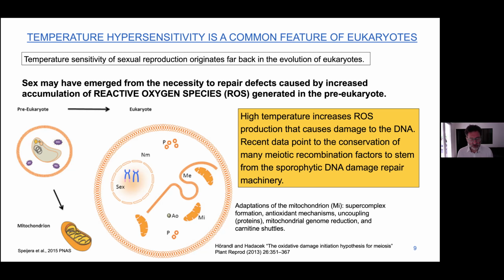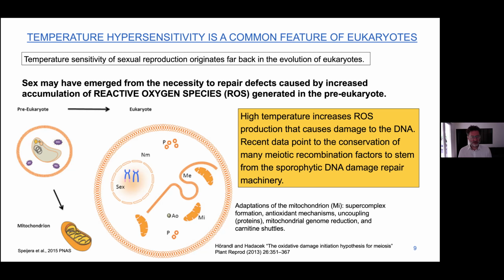Now, maybe one of the reasons that sex has been developed is that because of this increased ROS, systems of DNA damage repair were not sufficient, and to get some kind of reset of the system, sexual reproduction would allow a much better protection against ROS.